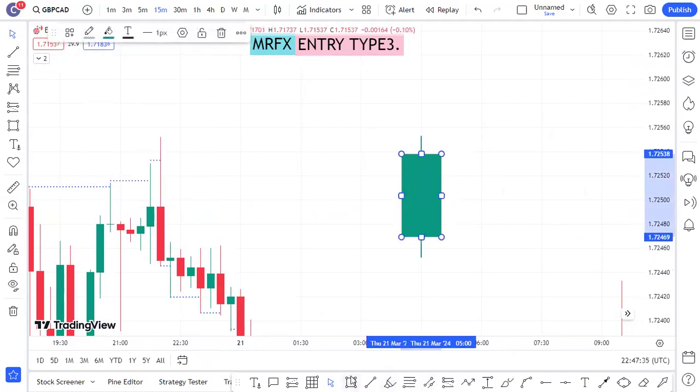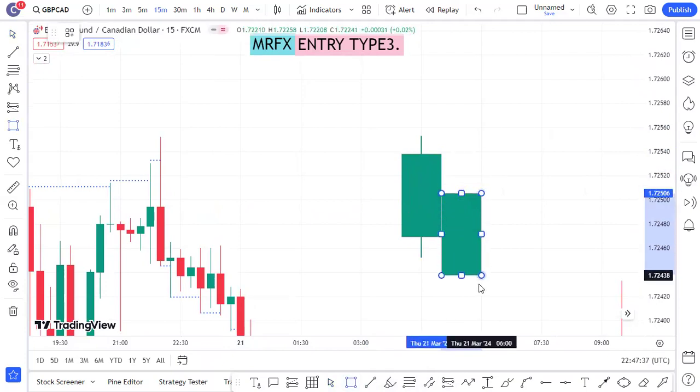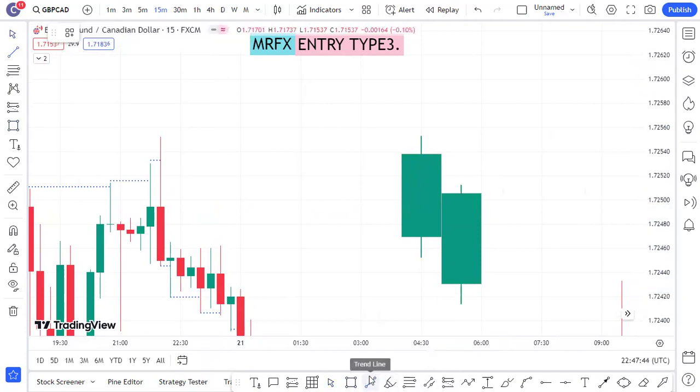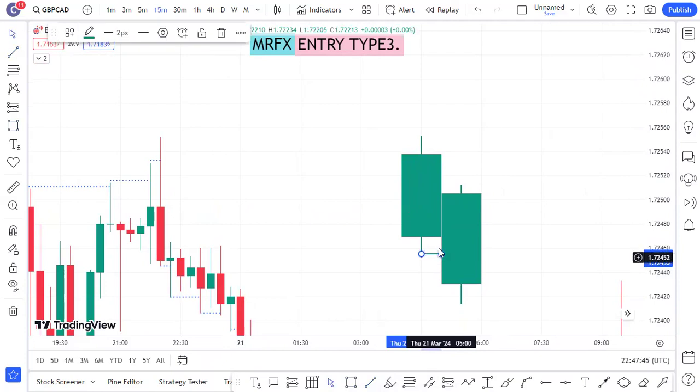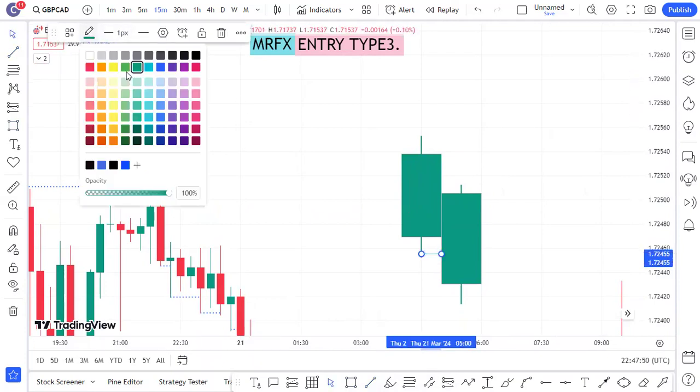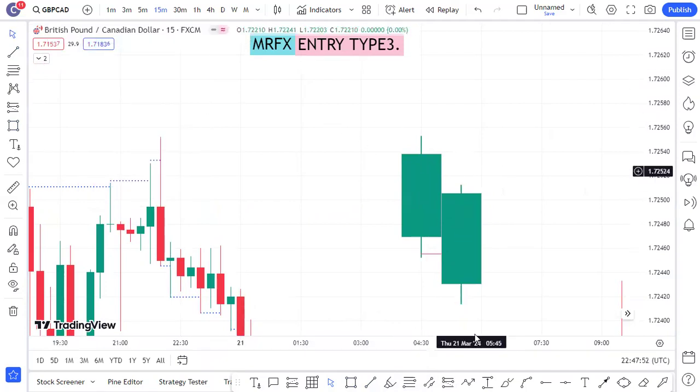Then the next candle, you want to see the next candle close the body. So where it closes the body, maybe this is a wick, and we want to see the market close the body right here. Okay, close the body in the different color.